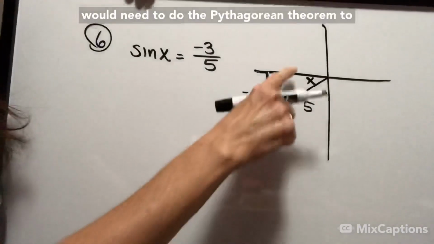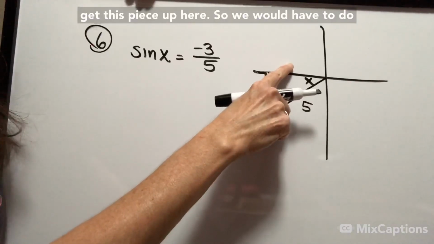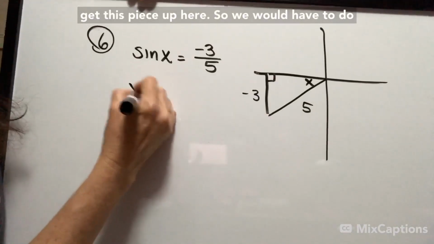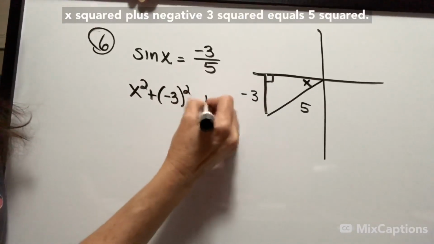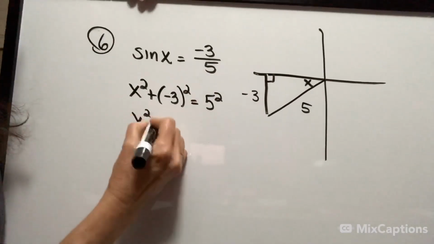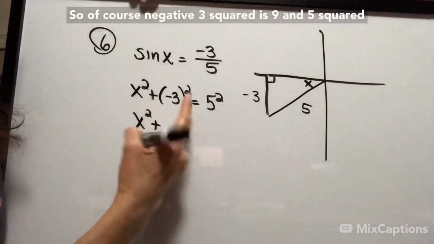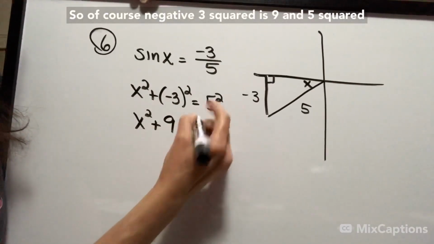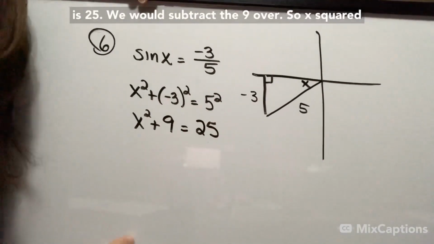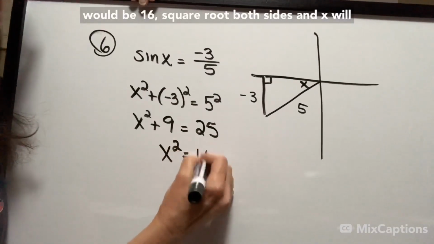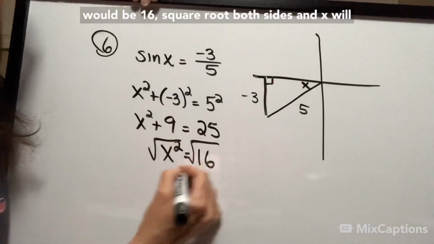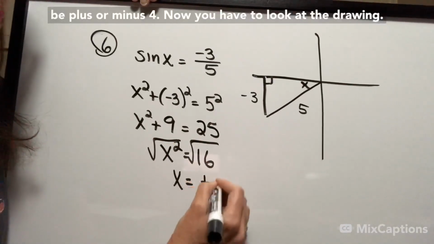So then we would need to do the Pythagorean Theorem to get this piece up here. So we would have x squared plus -3 squared equals 5 squared. So of course -3 squared is 9 and 5 squared is 25. We would subtract the 9 over, so x squared would be 16, square root both sides, and x will be plus or minus 4.